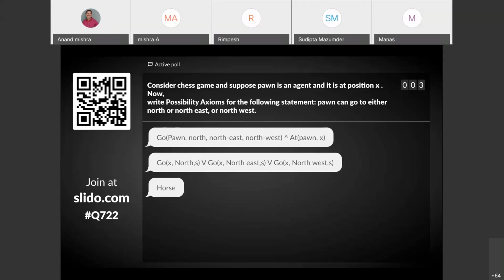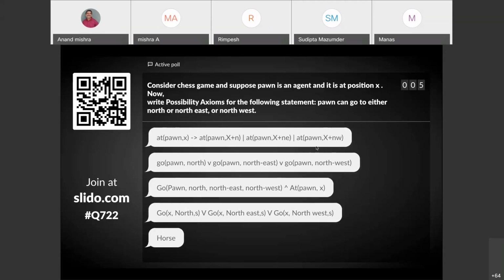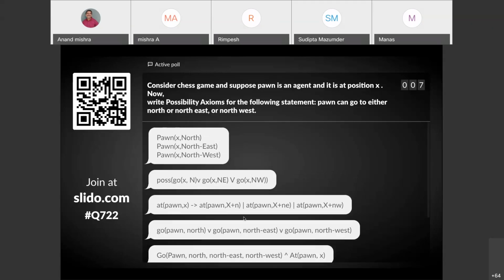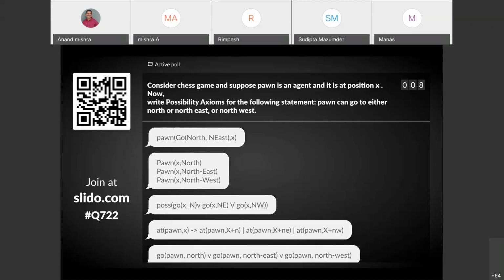So this is, pawn is at X. There was some response I can see. Then pawn can go to, yeah, some changes will be required, but good try. Try to refine the answer.